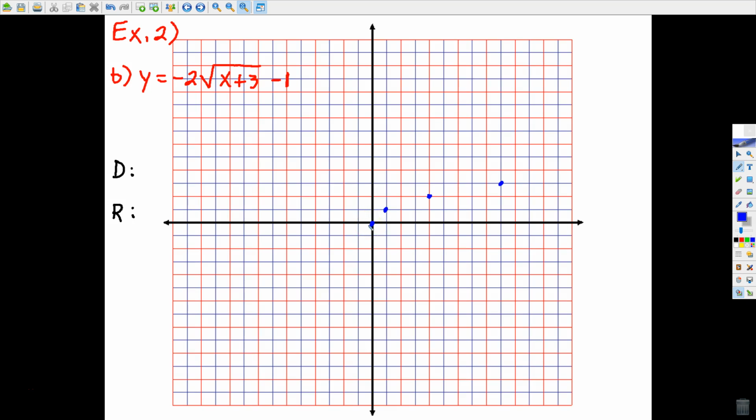All right, so now let's take care of the other moves, much like we did on the previous problem. Now remember, this +3 under the radical means h has to be -3. So I'm going to take this blue dot at the origin and I'm going to go left 3. Then the other number indicates vertical movement. The -1 means to go down 1. Okay, so I've done all 3 things.